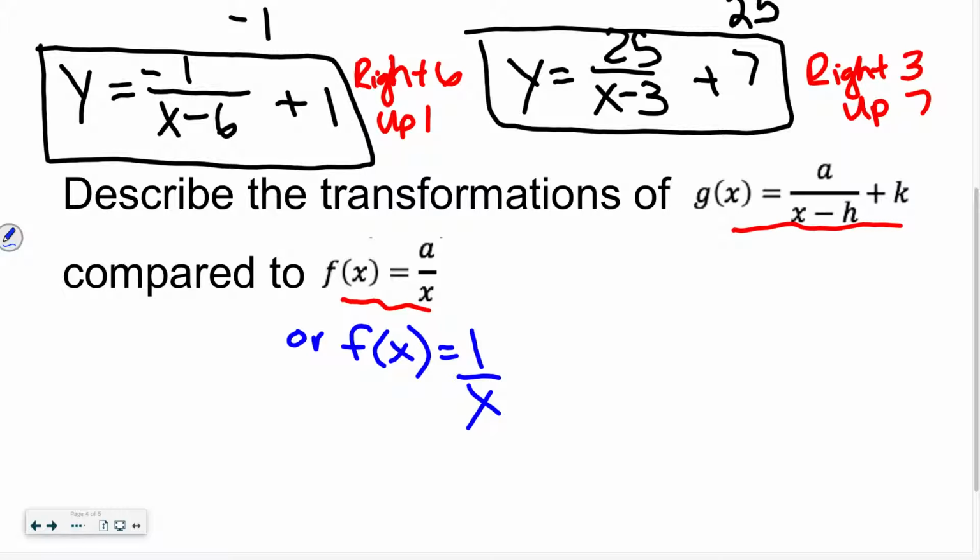Notice the 1 is still the same, but what would the negative do? It would be a reflection. You don't have to do that on your homework tonight, but that's coming. And then what would a 25 for a be doing? A vertical stretch of 25. You should really only see vertical stretches, because otherwise, if it's a fraction, it'd be in the denominator.